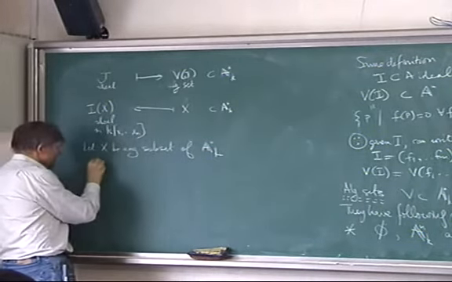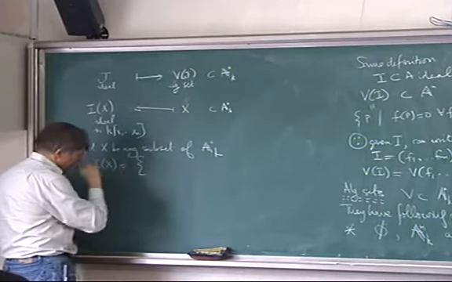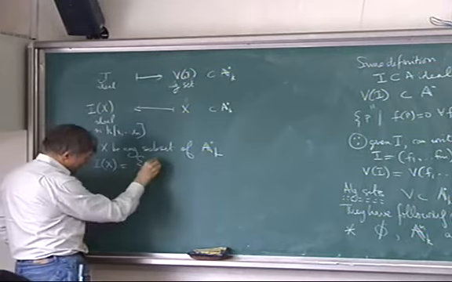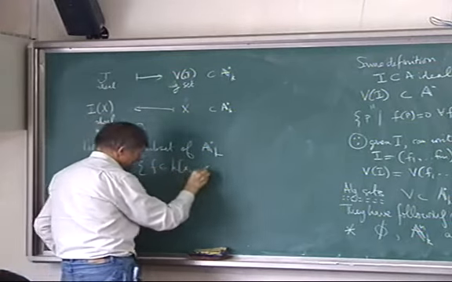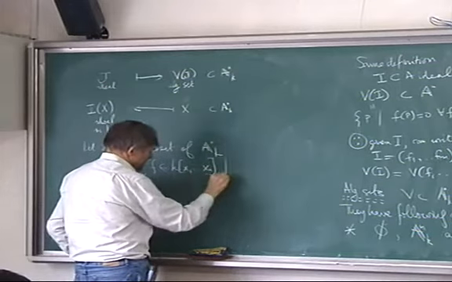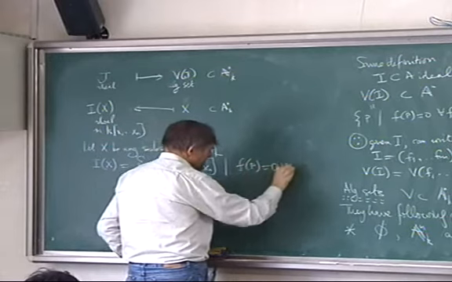Then I define I of X to be just a sort of opposite: it's the set of F in K of X1 up to Xn such that F of P is 0 for all P in X.